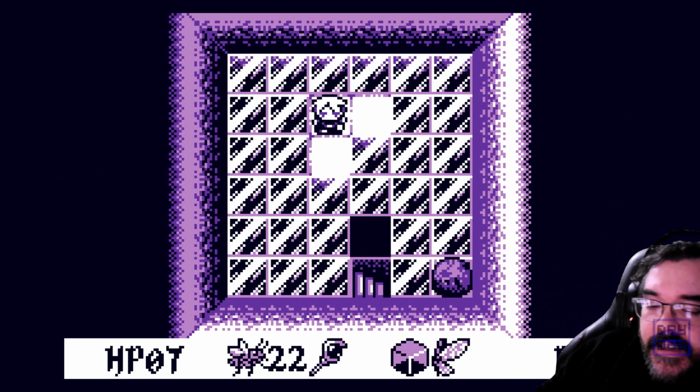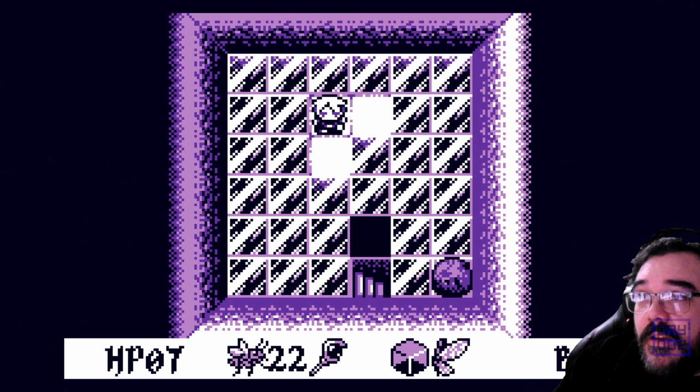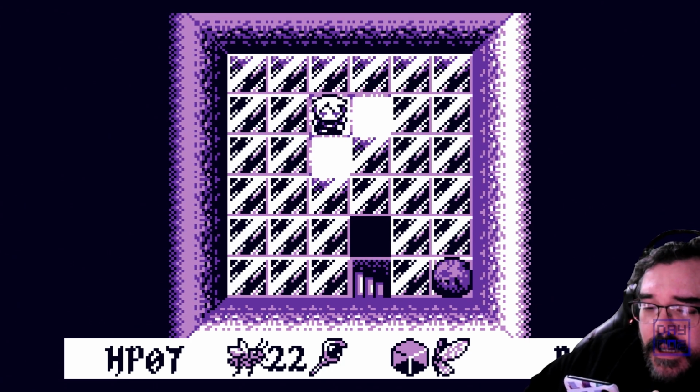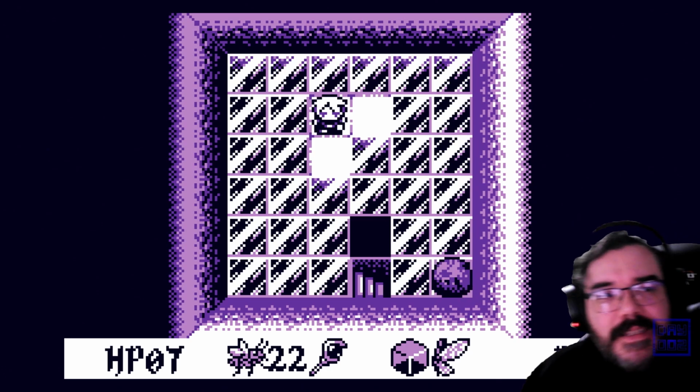Maybe they indicate neighbors? No, fucking... I'm trying to think. Black and white squares have to mean something.